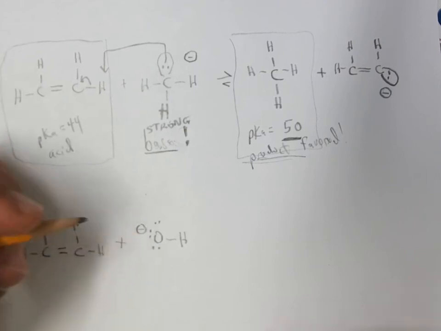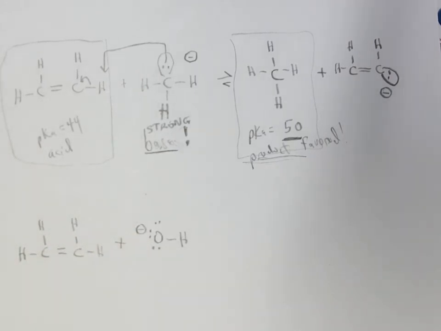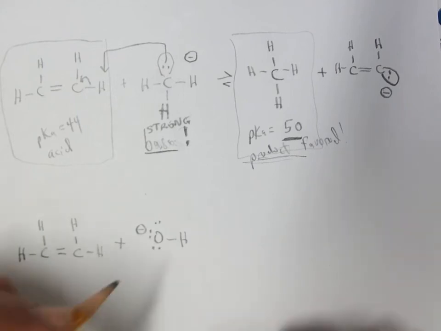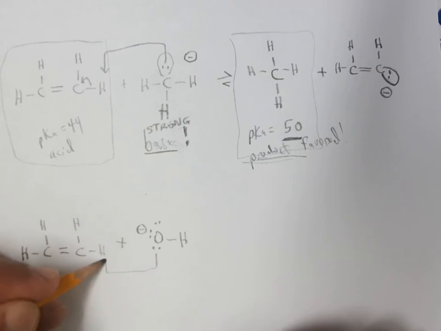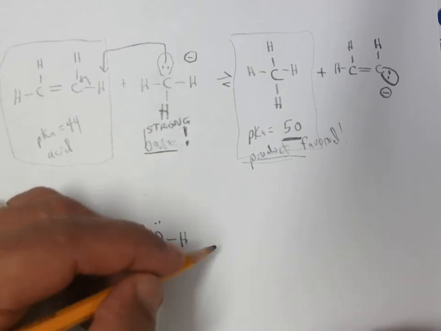So it's common for people to say, yeah, hydroxide's a strong base. If I need to deprotonate something, I'll throw in some hydroxide. It'll go get the proton and make our product.